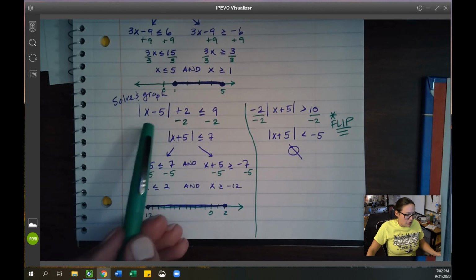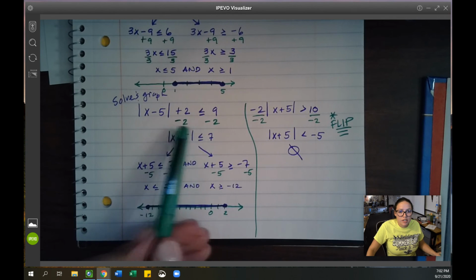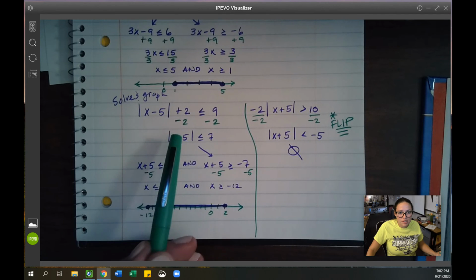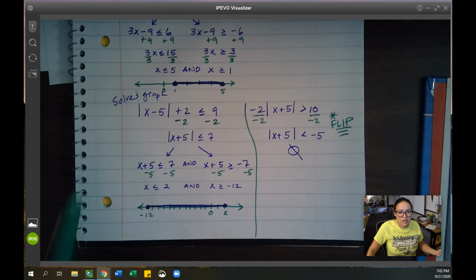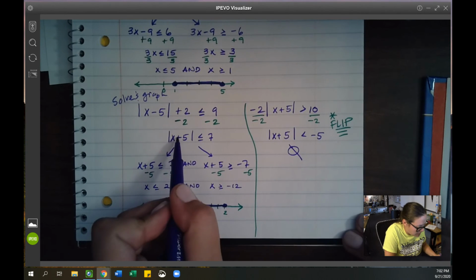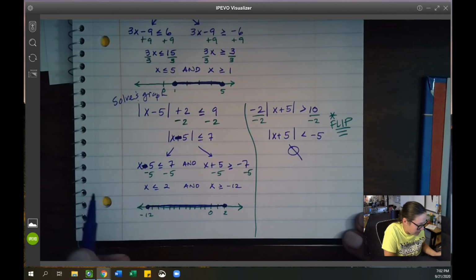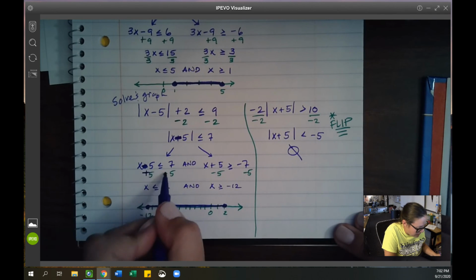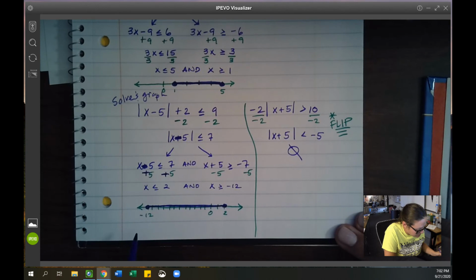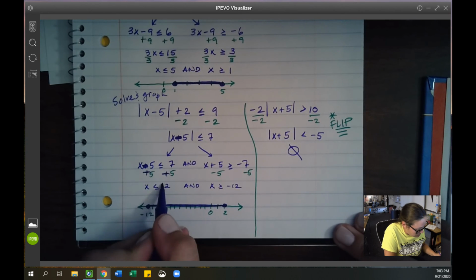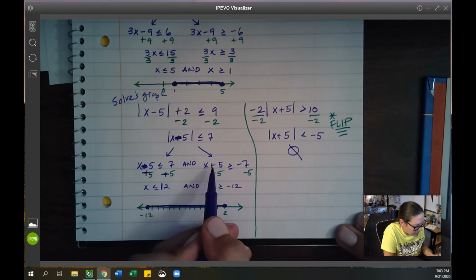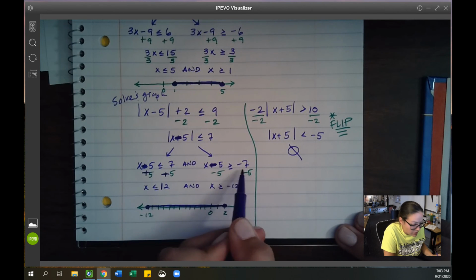All right, so for this first one, first thing you needed to do was get rid of all the stuff outside of the absolute value, so subtract 2 from both sides. That would leave you with, oh my gosh, I just realized I did the problem wrong because I wrote it down wrong. Okay, so if this was a minus 5, I would actually add 5 to both sides. Then I would have x is less than or equal to 12. And then this is x minus 5 is greater than or equal to negative 7.